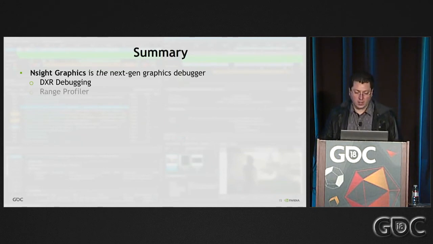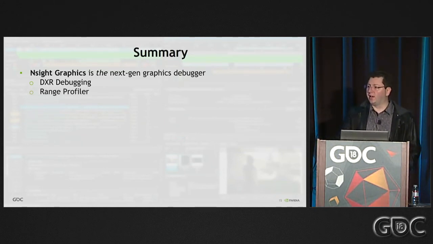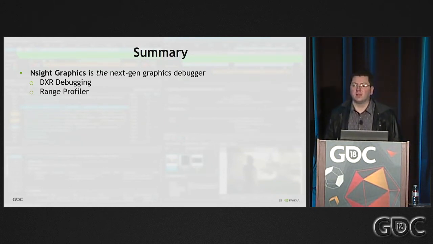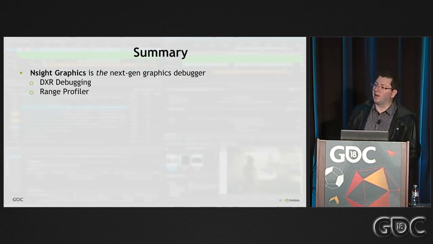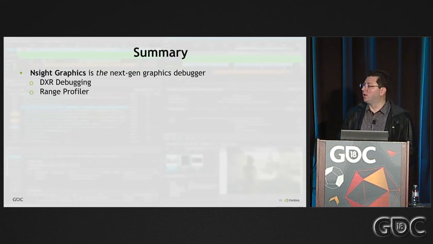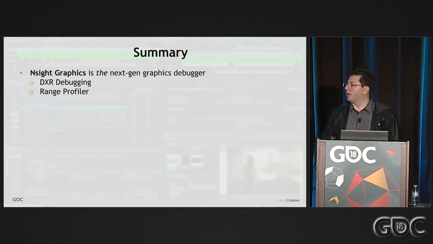Having the ability to debug the scene that has DXR in it is invaluable to learning how to use that API. The range profiler, I think it goes without saying the kind of depth of information that you can get out of it is incredible. To really take advantage of your GPU, you have to understand to some basic level what SOL is, how to take advantage of counters, and really how those metrics line up to your performance in your scene.